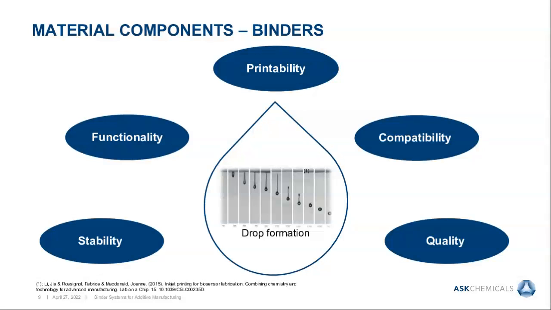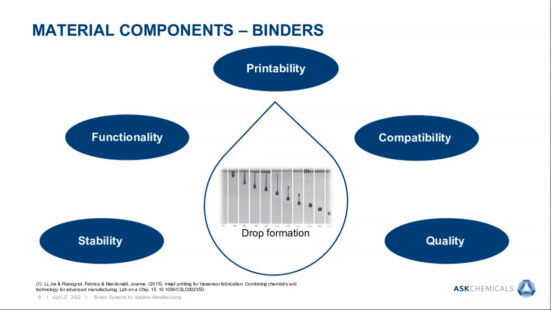Quality is very important because we have very small nozzles we have to go through. So the binder, or the printing ink, has to be free of any particles which could clog the nozzles, for example, or any impurities that could hinder the printing process. Stability refers to the inks or binders being very stable in the printhead and not changing properties, so that printing, even after short periods of inactivity, is still ensured.